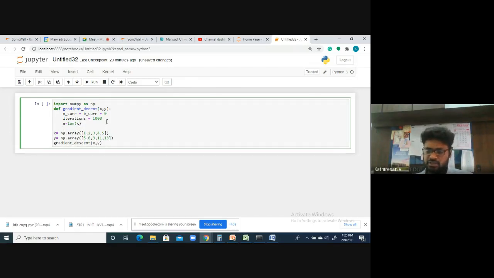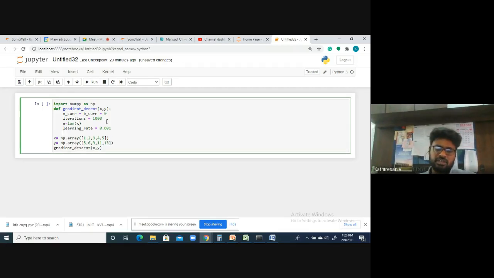Okay, then learning rate we are having as 0.001. What significant impact the learning rate gives in our code, that we will discuss.